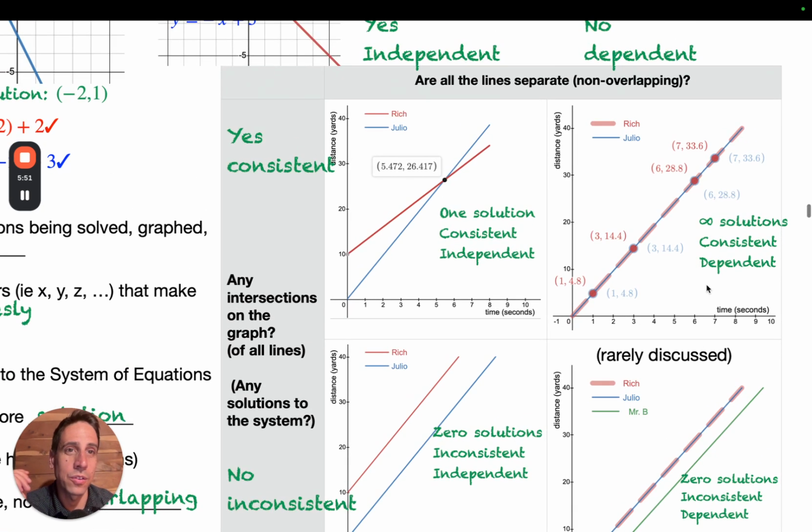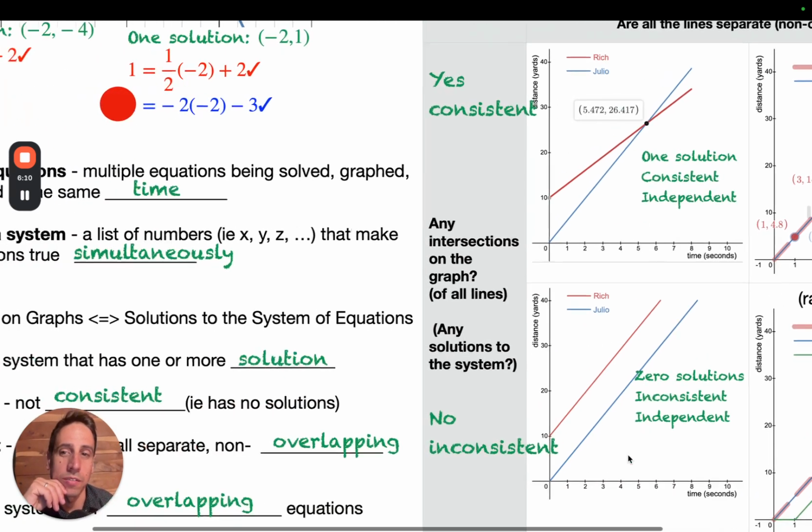Anyway, these two are what we would call dependent, when the answer to this is no. Are all the lines separate? No, not all the lines are separate. So you've got some overlapping going on. We call that dependent. So this is consistent because there's at least one solution, but it's also dependent. And this is inconsistent dependent.